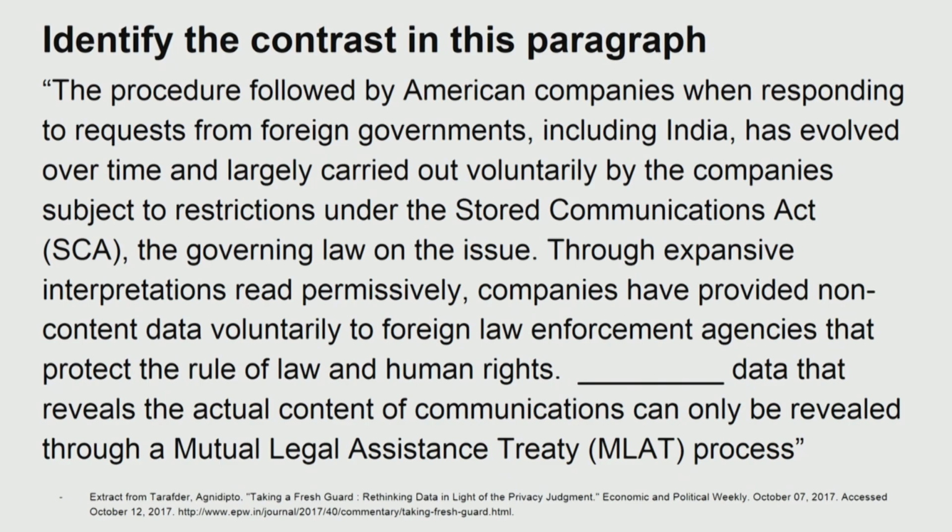Though expansive interpretations read permissively, companies have provided non-content data voluntarily to foreign law enforcement agencies that protect the rule of law and human rights. Data that reveals the actual content of communications can only be revealed through a mutual legal assistance treaty process, and the source is given to you.